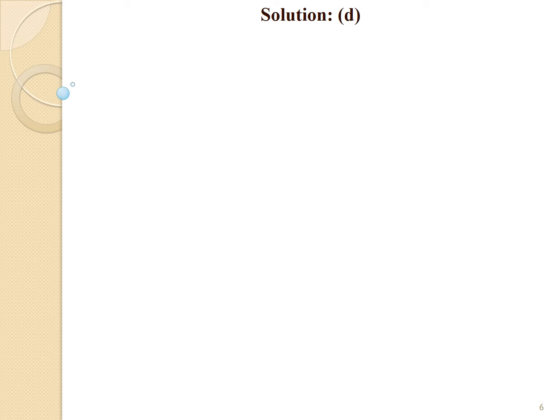Now, solution D. Students, try to understand question D. In question D, there are two sub-questions and we have to conclude our answer by writing yes or no for each sub-question.